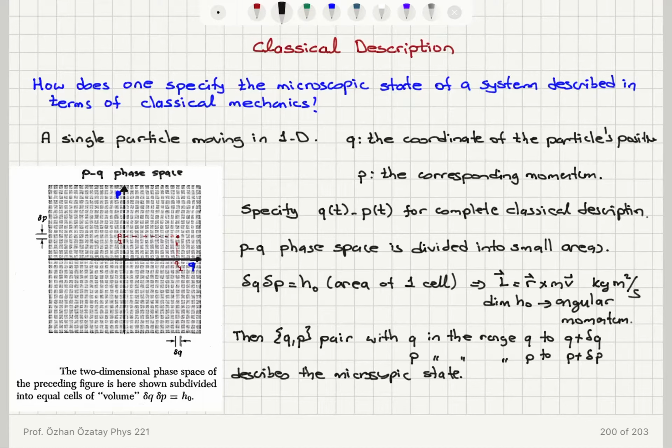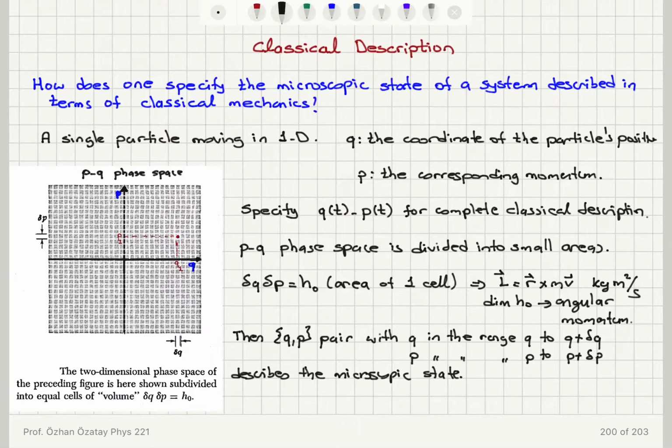So at a certain time t, I can specify the microscopic state of the system by giving you a pair of numbers for position and momentum, such that the position is with uncertainty delta Q and momentum is with uncertainty delta P.